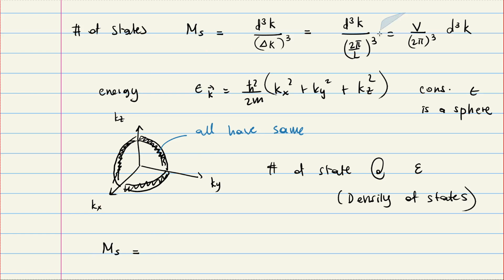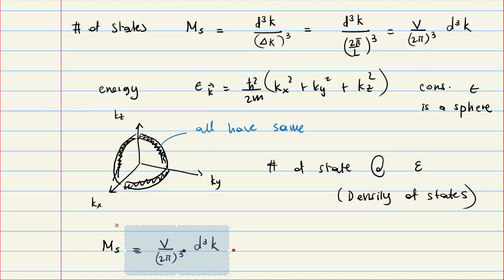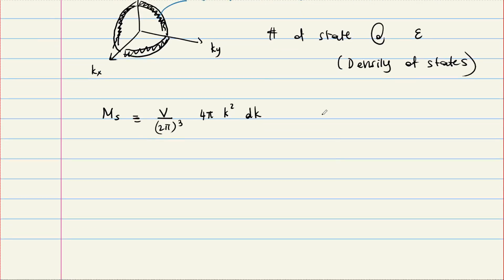Because of spherical symmetry, I am going to open up d cubed k as 4 pi k squared dk, and epsilon is equal to h bar squared over 2m k squared. Then d epsilon is h bar squared over m k dk, and k is equal to root of 2m over h bar squared times root epsilon.